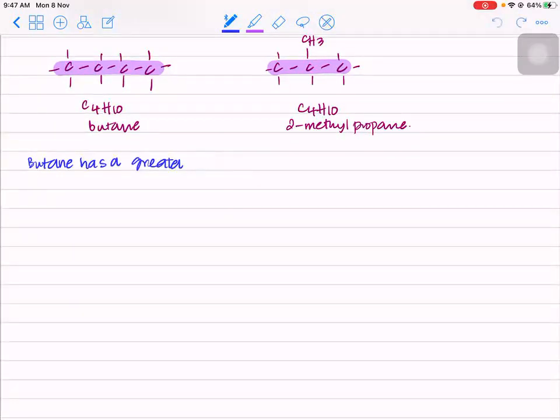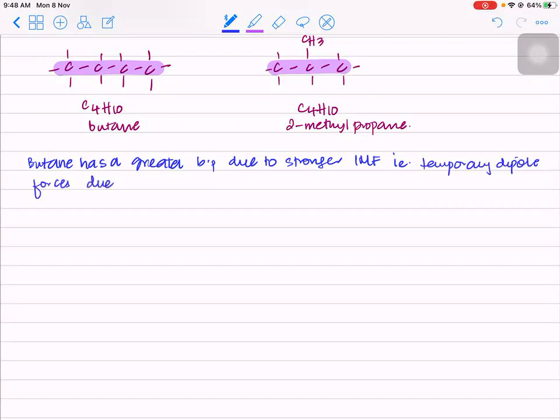So it has a greater boiling point due to stronger intermolecular force, that is temporary dipole forces, due to greater surface area as compared to 2-methyl propane, which has less surface area.